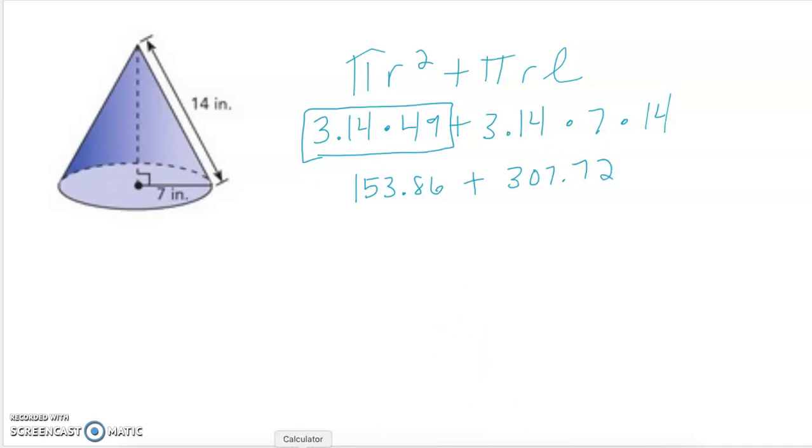And then, of course, the last thing I have to do is add them together. So 307.72 plus 153.86, you have 461.58. So 461.58, that's going to be inches squared. All right.